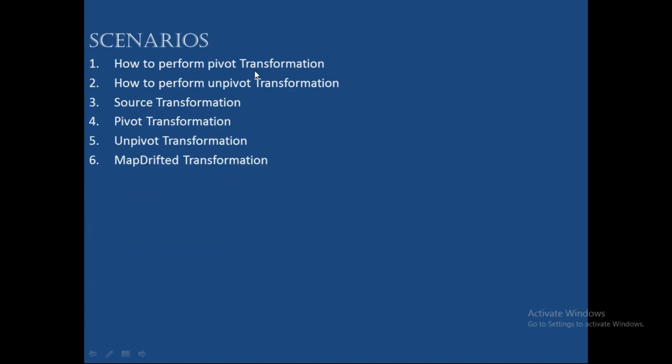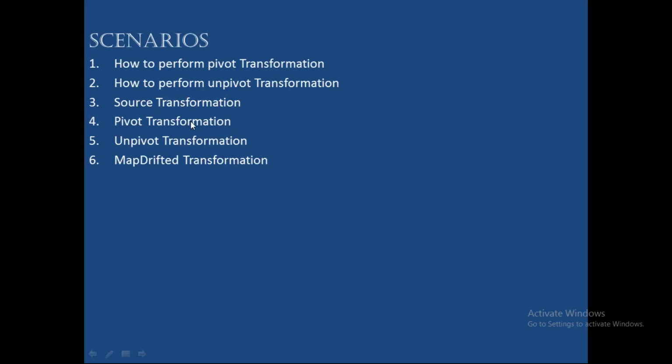In pivot transformation, this map drifted transformation will come. In pivot transformation, you are basically converting rows to columns.